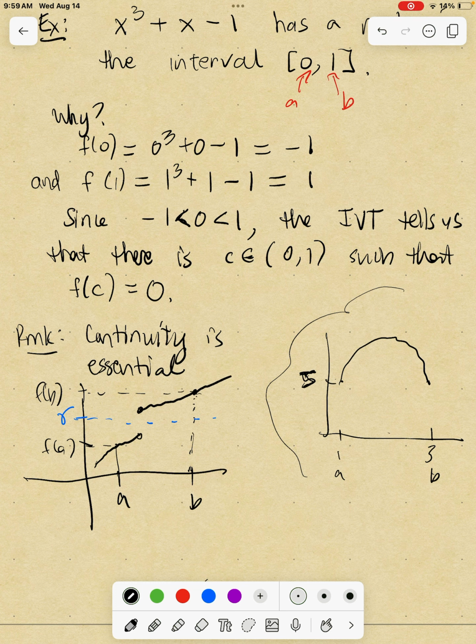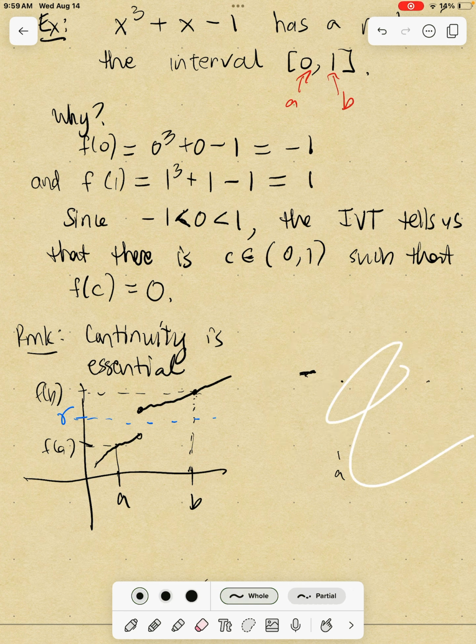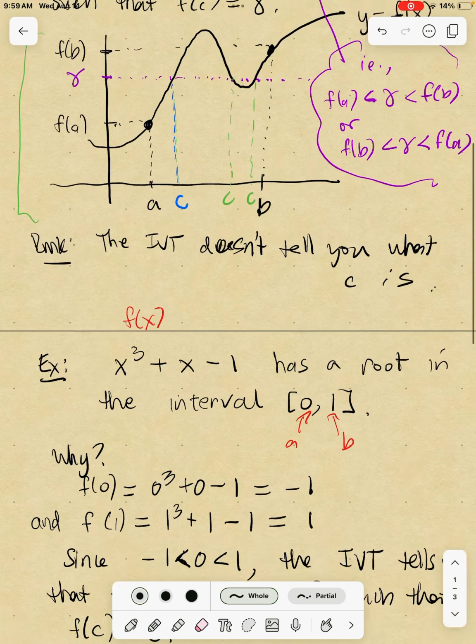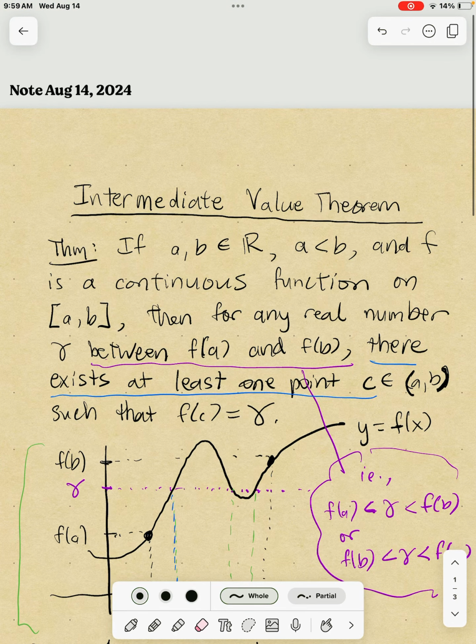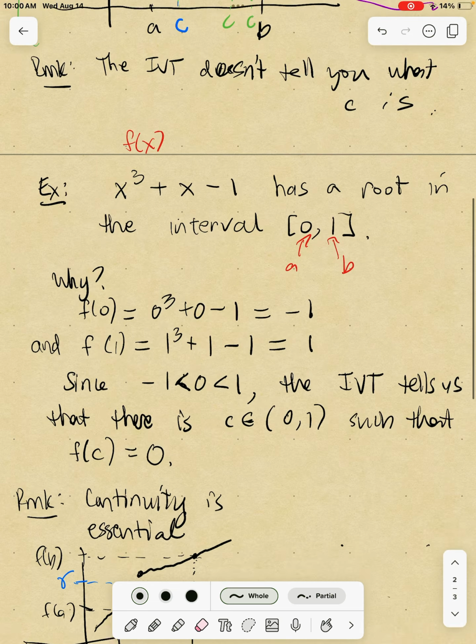That's an example of a function that goes through (a, f of a) and (b, f of b), but it doesn't cross the line y equals gamma. So the continuity is an essential part of the proof. If we just took the intermediate value theorem and erased the word continuous, it would no longer be true. Okay.